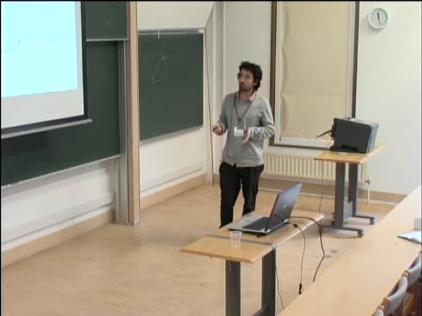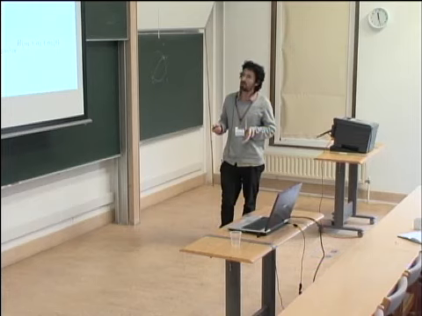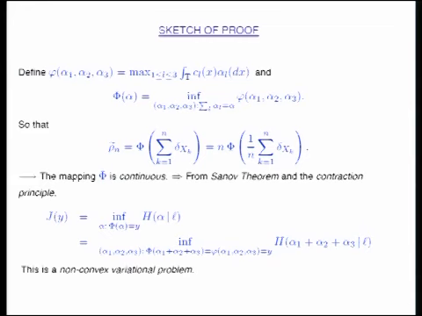But that's where the difficulty comes in, because the rate function is equal to the infimum over all measures alpha of the entropy of the measure alpha with respect to the Lebesgue measure, where the infimum is over all measures alpha such that phi of alpha is equal to y.